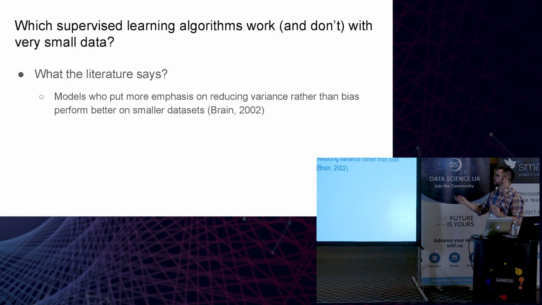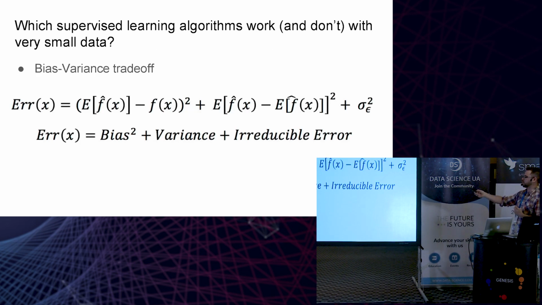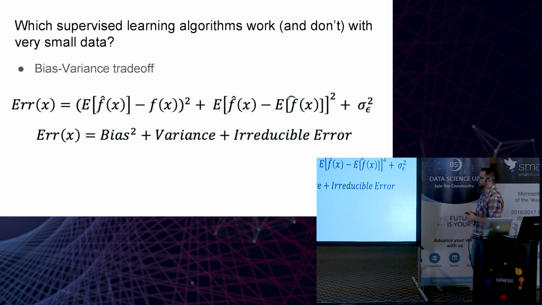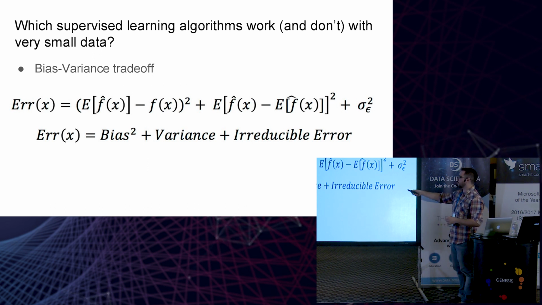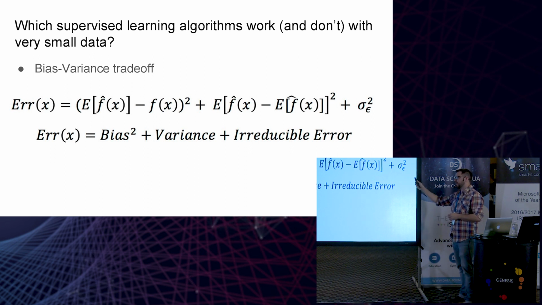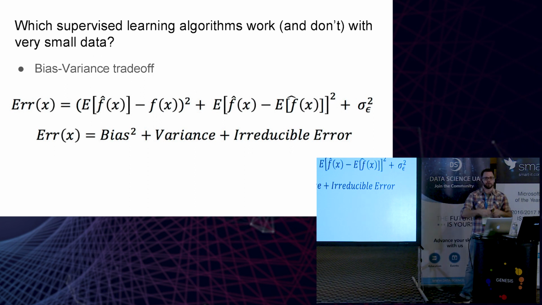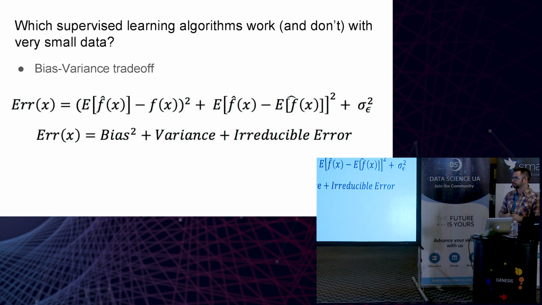Okay? So by the way, what are bias and variance, for the ones who don't know? We can decompose the error of a model into the bias, the variance, and what's called the irreducible error. That's the noise that always comes from the data and that you cannot do anything about.